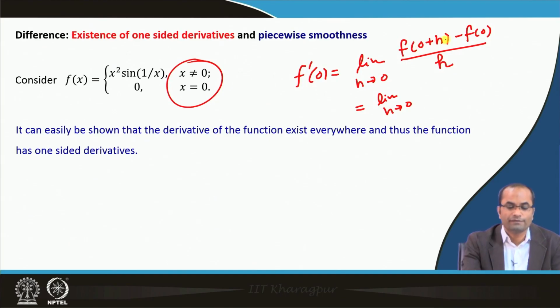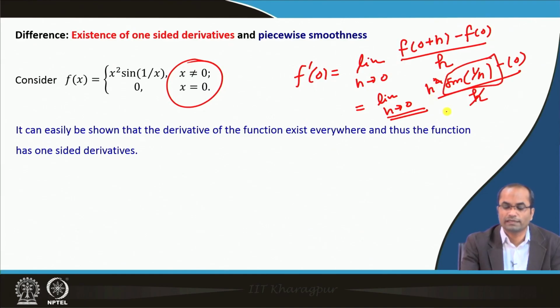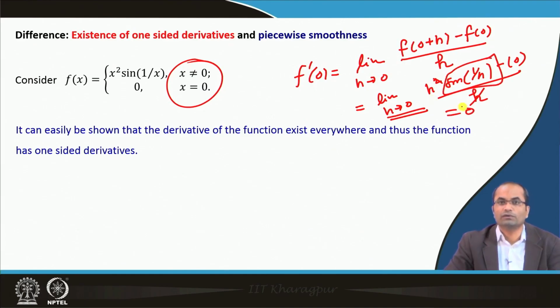So, here f of h, that means we have h square sin 1 over h, minus f of 0, which is given as 0, and then we have h. So, one h will get cancelled, and as h goes to 0, this is something bounded times h, so this will go to 0.